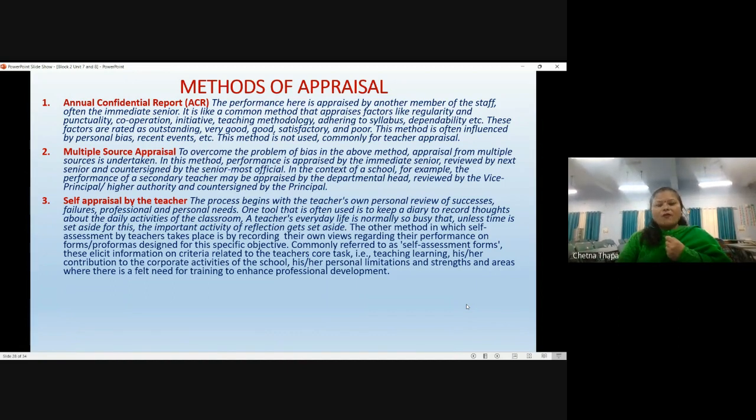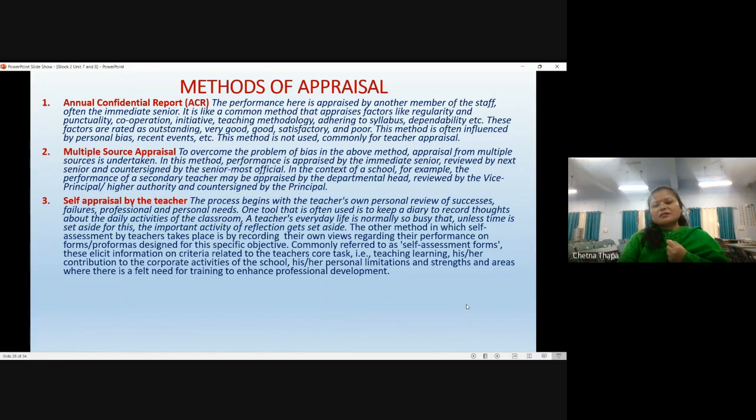If there are certain proformas that have been designed for this specific objective, then they can record their views in those proformas. And these proformas are commonly known as the self-assessment forms. They give the information on the various criteria related to the individual's task.